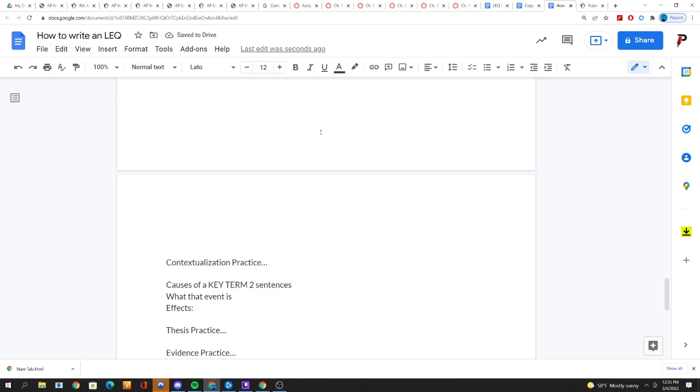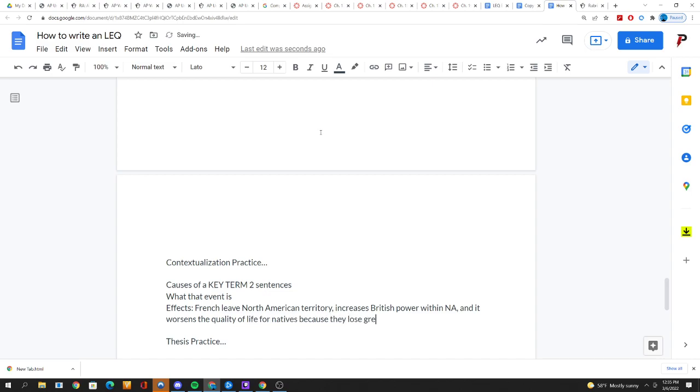Oh, well, because the natives lost and the French leave the North American territory, and that increases British power within North America, abbreviated to NA, and it worsens the quality of life for natives because they lose greater autonomy because the French provided them political autonomy and just wanted them for trade.